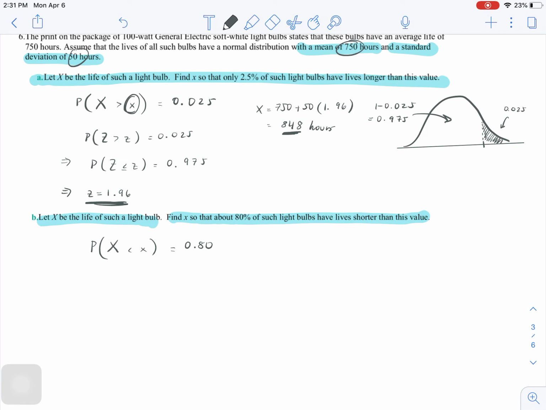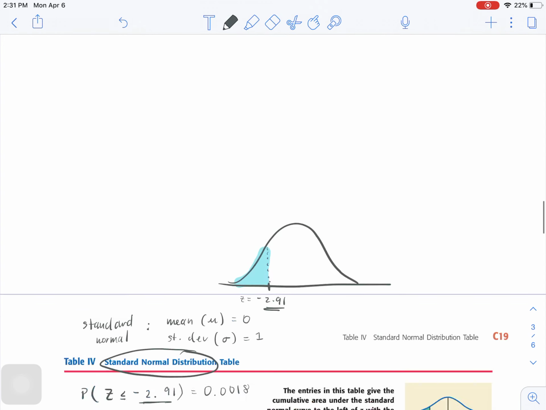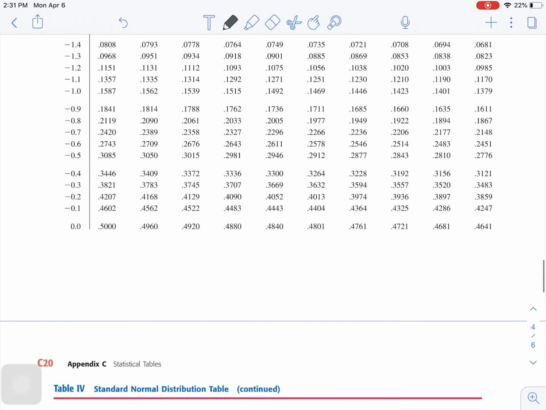So we know that the area to the left of our value of x is 0.80. So let's look up 0.80 in our z table and find the corresponding z-score. 0.80.